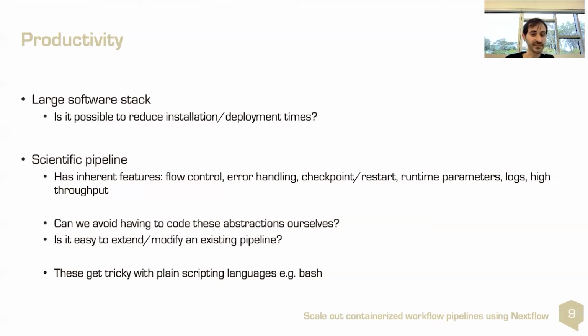And these last aspects around productivity in writing the pipeline are really hard to handle when using just plain scripting languages such as Bash. And I think that Costa later on will probably show you some more detailed examples around this specific aspect.